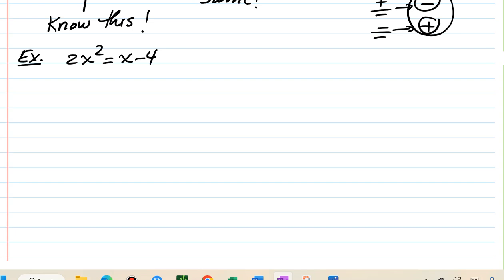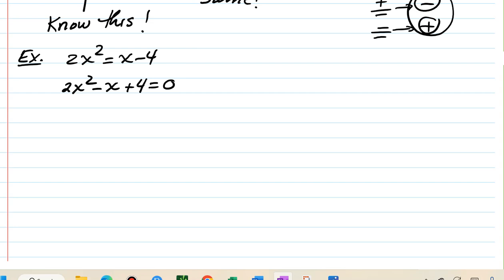So let's see how we're going to use this. Suppose I have 2x squared equal x minus 4. So in order to use quadratic formula, however, I've got to be careful. You identify the a, b, c when you have a 0 on this side. So if I say my constant is negative 4, that's an error.